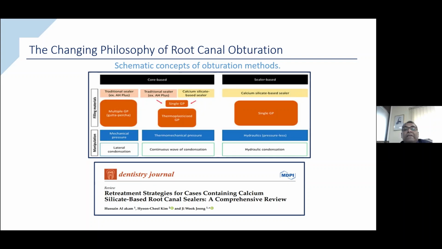Later on, we used calcium silicate sealer with single cone, thermoplasticized gutta percha, thermomechanical pressure, and in case of manipulation, it was continuous wave of condensation. But if you see now with calcium silicate based sealers, it is a single gutta percha and known as a pressureless technique, or known as hydraulic condensation.